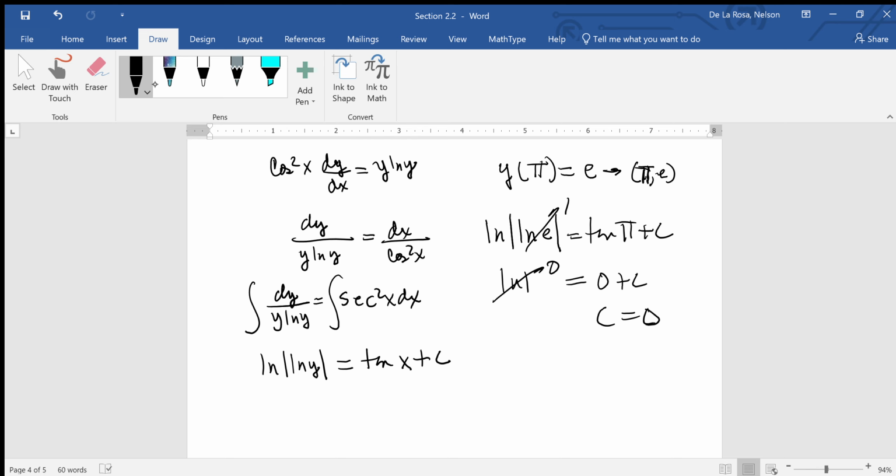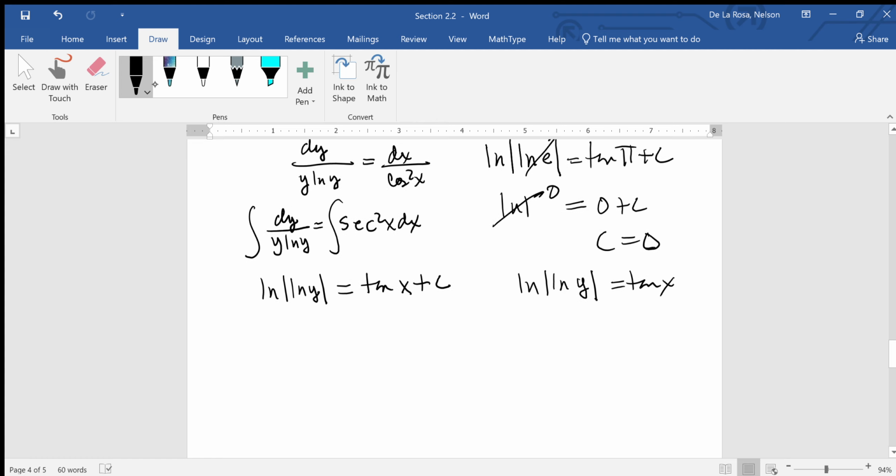So our equation is ln of absolute value of ln of y equals tangent of x. And that's the solution. Implicit, by the way. If you want to find the explicit solution, then we have to exponentiate on both sides.